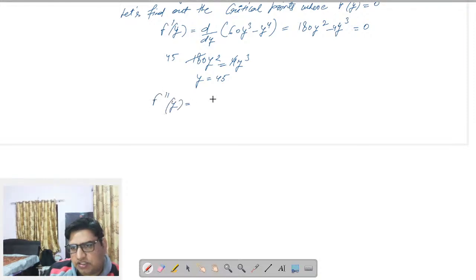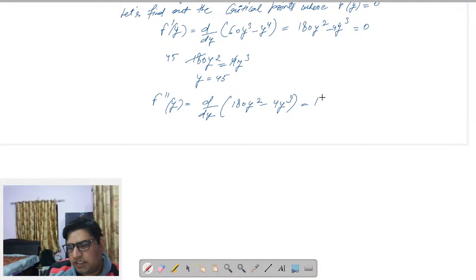Double differentiate, so that will be d/dy of 180y square minus 4y cube, which is 180 into 2, 360y, minus 12y square.